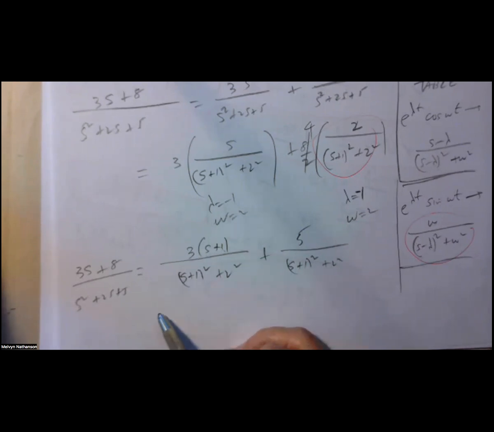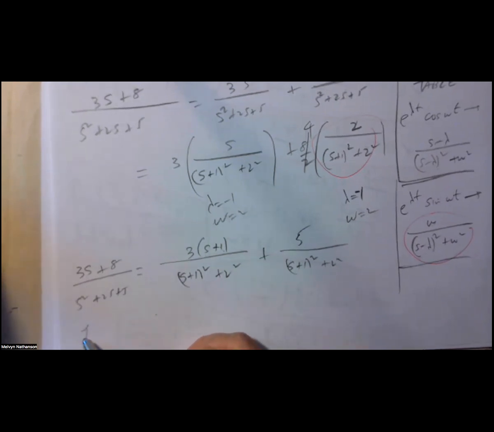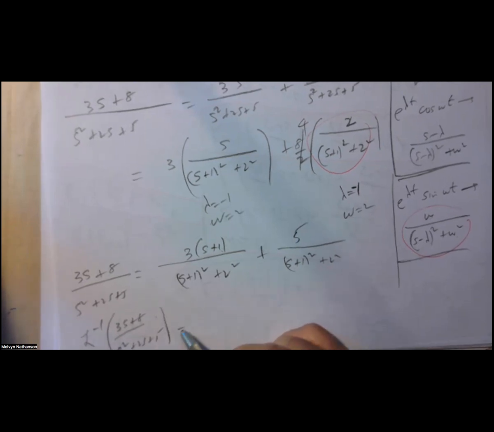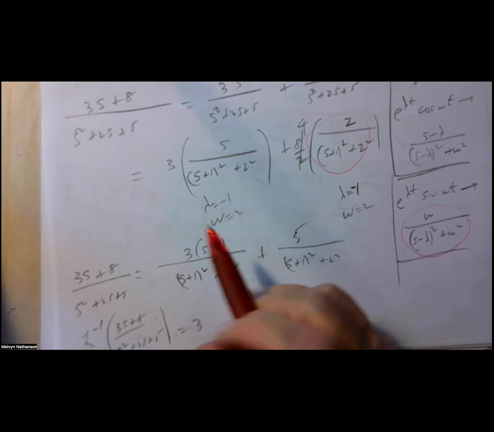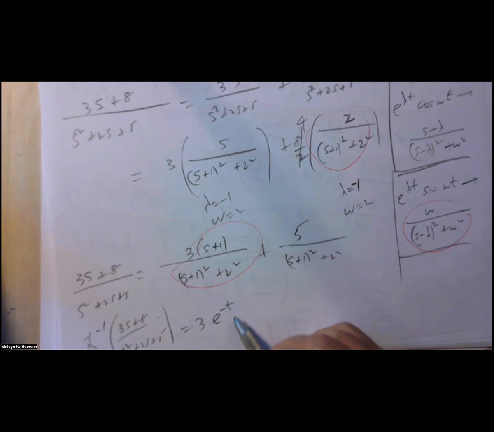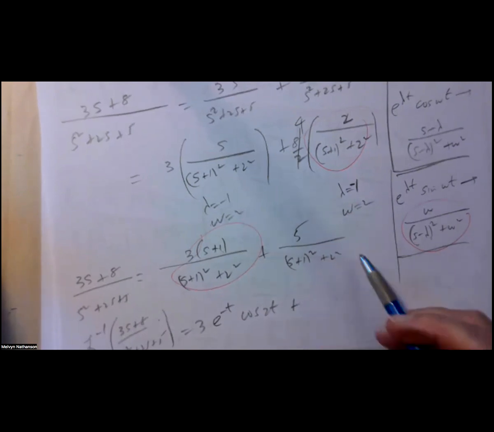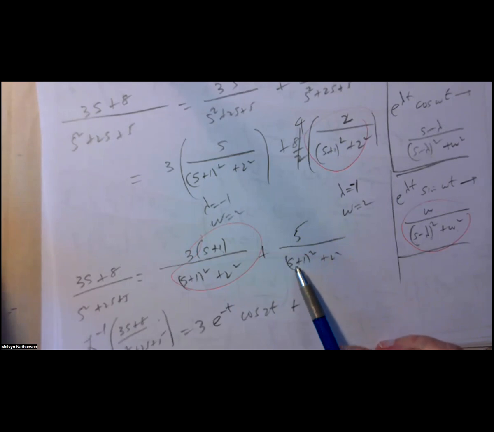And now the inverse Laplace transform of 3s plus 8 over s squared plus 2s plus 5 is 3 times the inverse Laplace transform of that, which is e to the lambda t, lambda is minus 1, times the cosine of omega t, 2t, plus 5 over s plus 1 squared plus 2 squared.